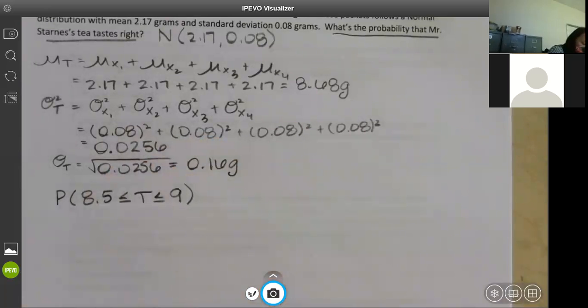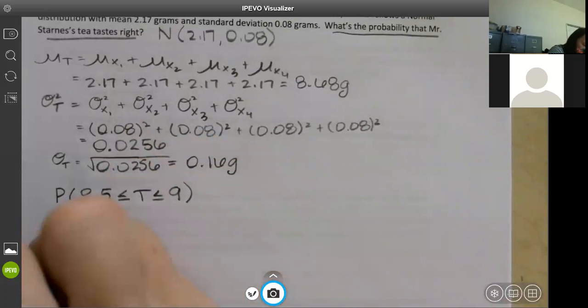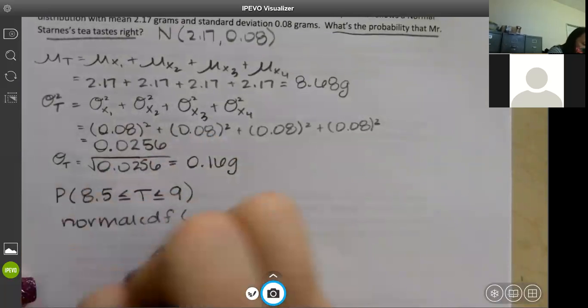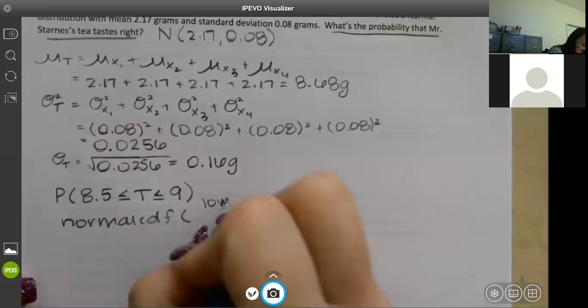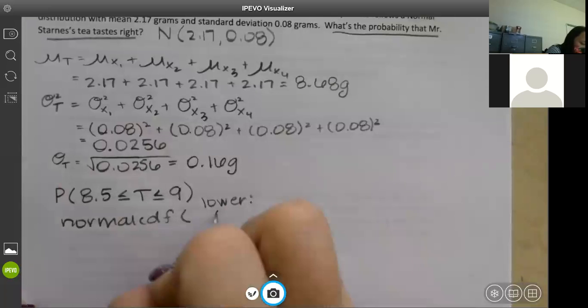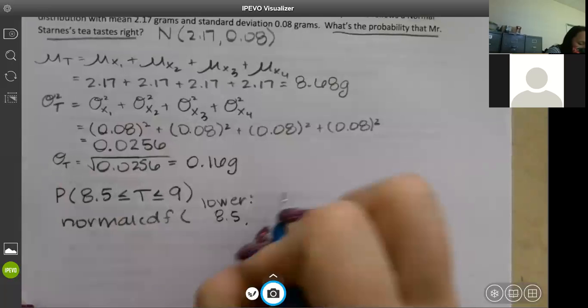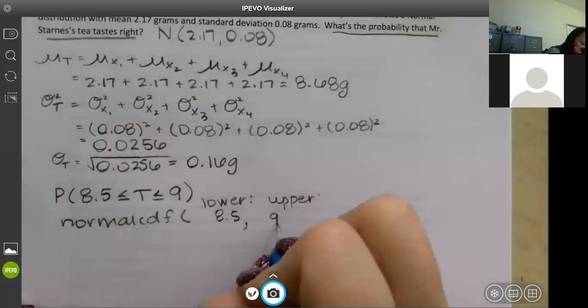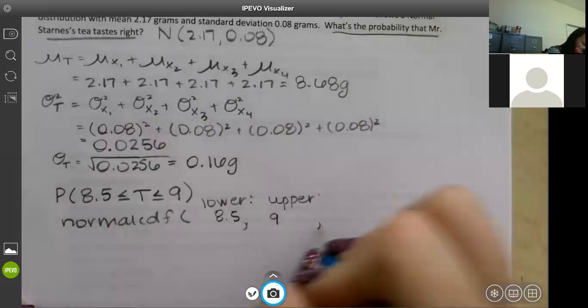You said we use normal CDF. We have to define everything. So we start with lower. What's the lowest amount of sugar he'll take? 8.5. We go to the upper. What's the highest he'll take? 9. We do the mean.